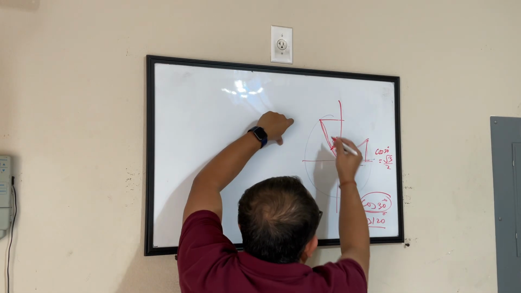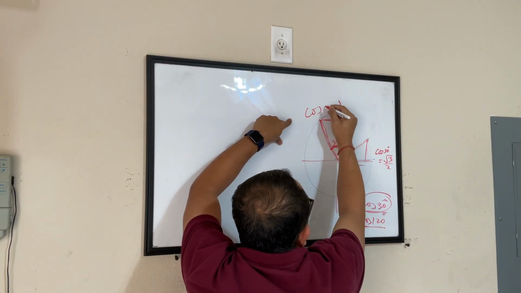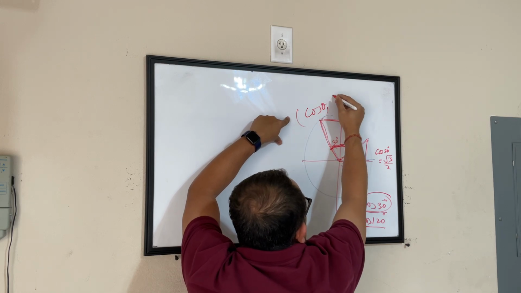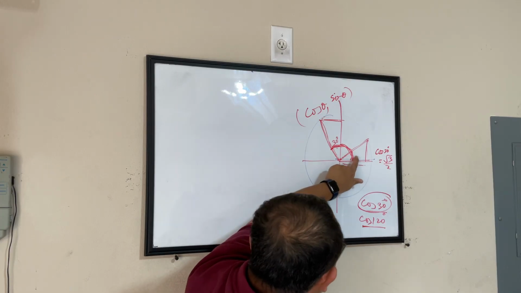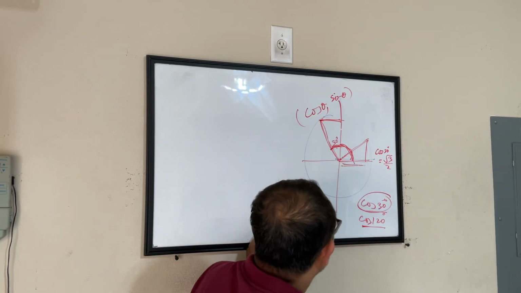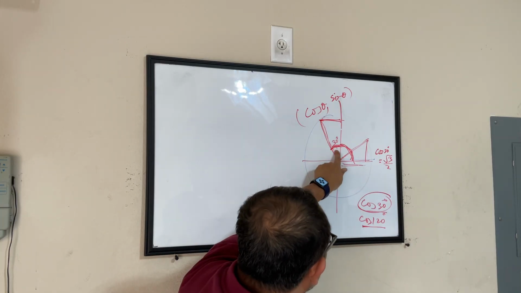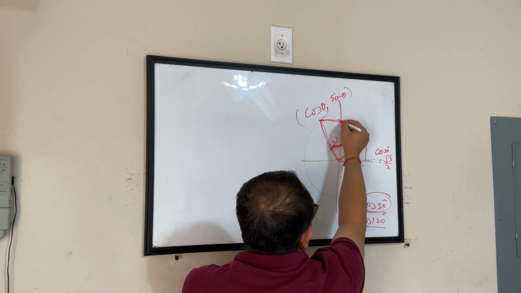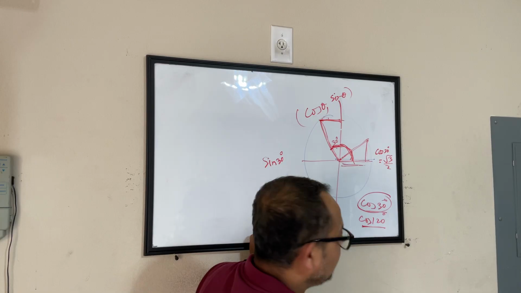So basically I need the x coordinate because cos theta is always my x component. So if I have to get this part, that is my x coordinate, right? So I don't have to get cos 30 here in this case. This 30, I have to get this part, this will be my sine of 30 degree. Okay?